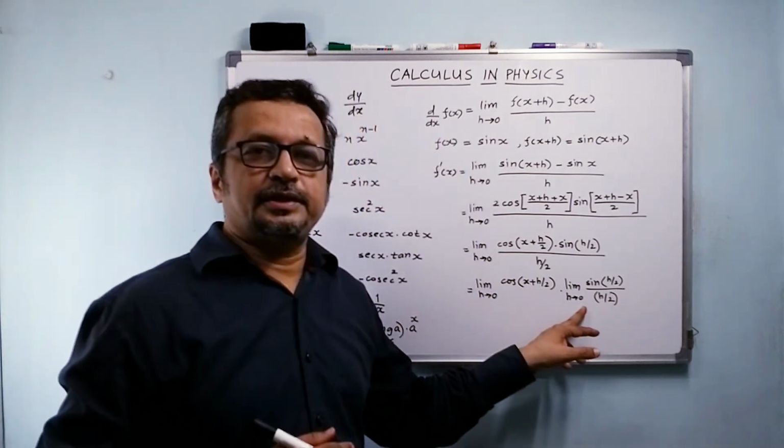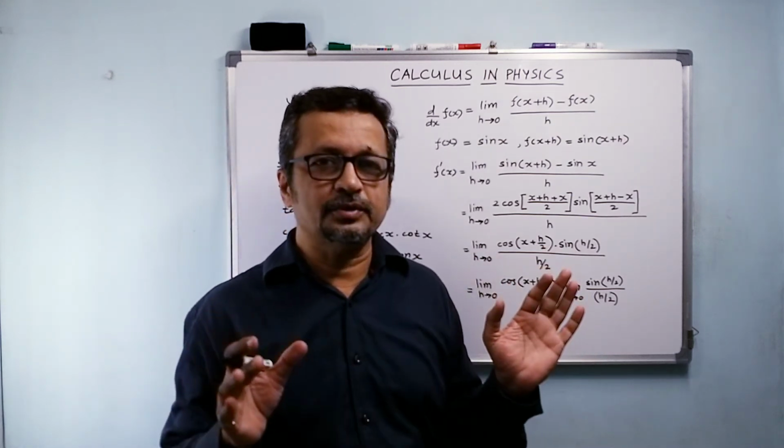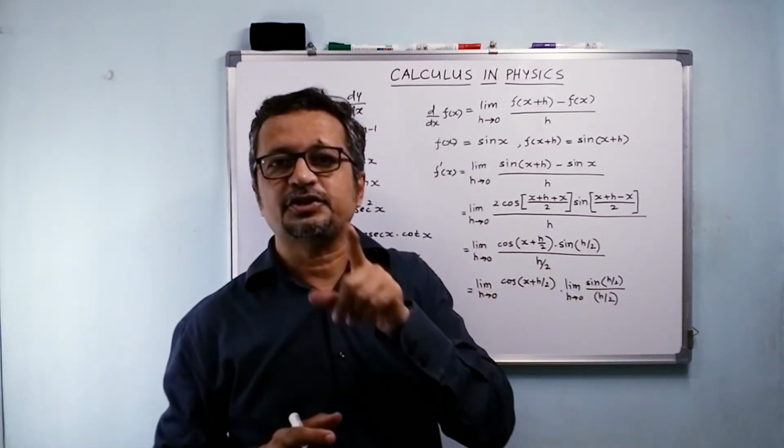Now this quantity is sine of h by 2 upon h by 2, and then limit as h tends to 0.